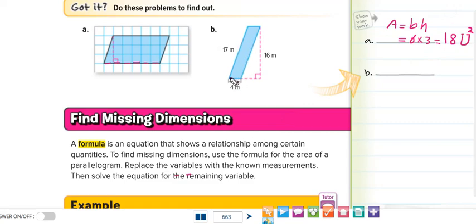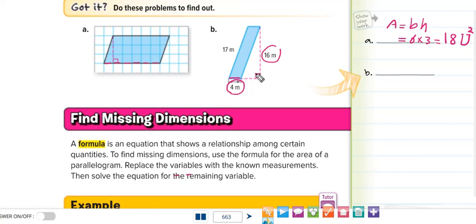The base represents, as you can see, 4 meters. Forget about this line because this is an oblique line. We need the perpendicular line, which is 16. So the base is 4 and the height is 16. It doesn't matter if it's outside the parallelogram or inside the parallelogram; what matters is that it is perpendicular.